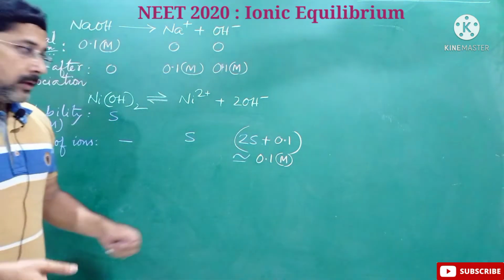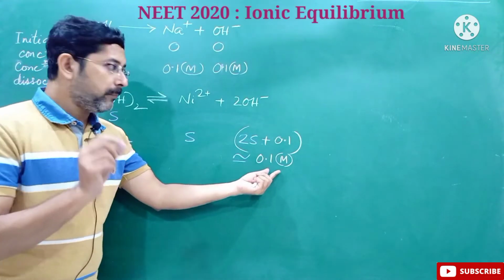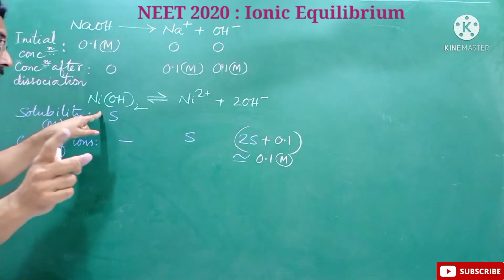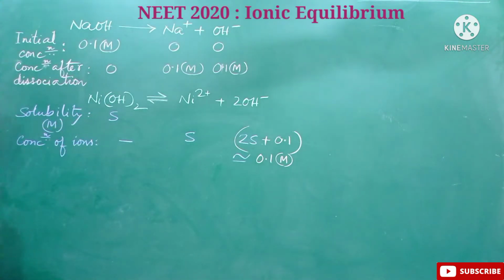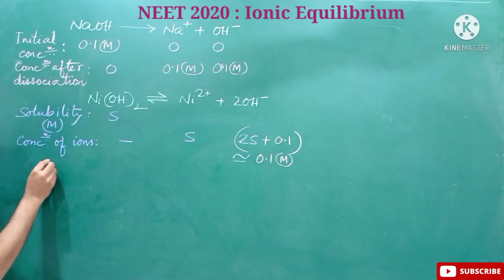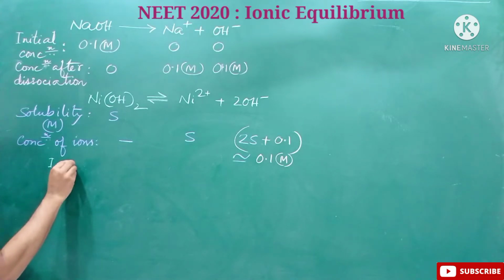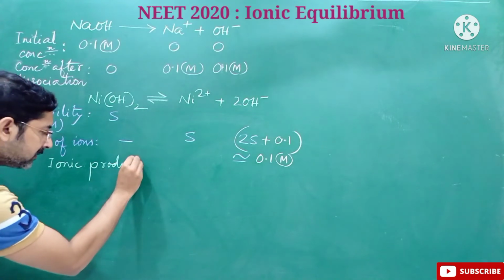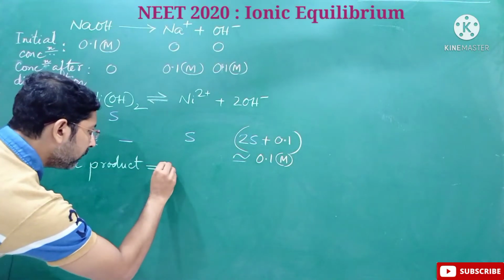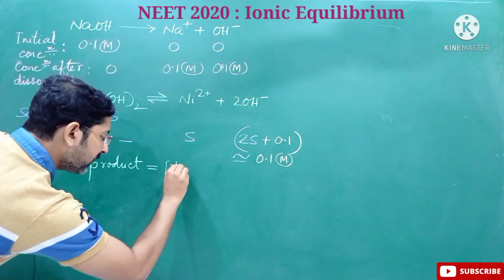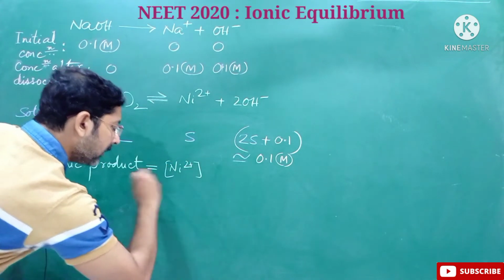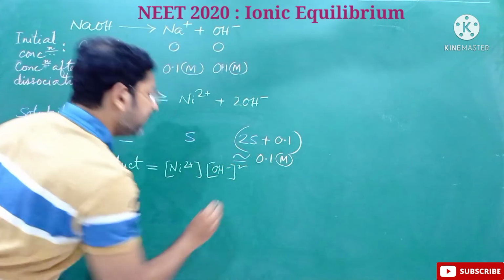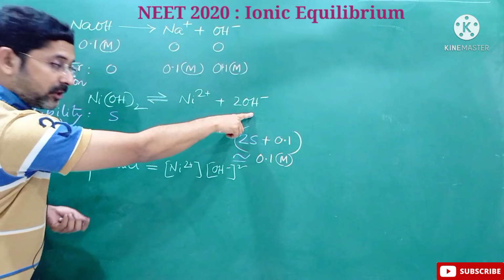Question is why? We can explain this in a very simple manner. The ionic product of nickel hydroxide is given in the question. The ionic product is equal to the concentration of Ni2 plus and the concentration of hydroxide whole square, since 2 hydroxide ions are present there.